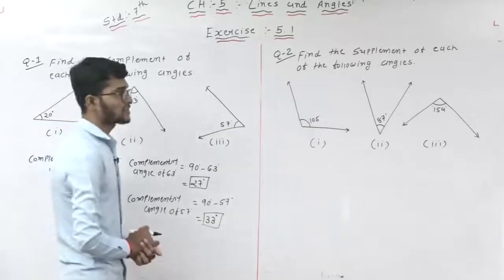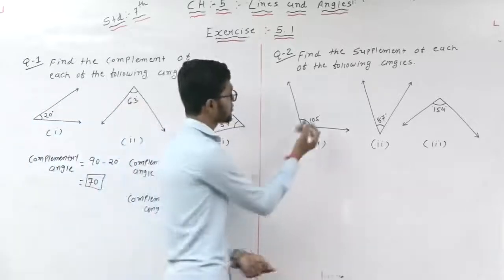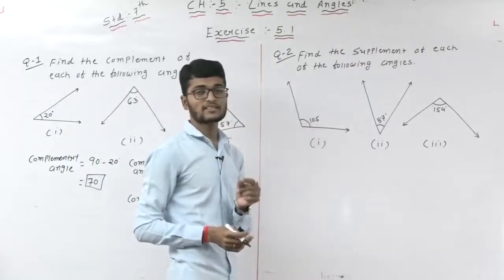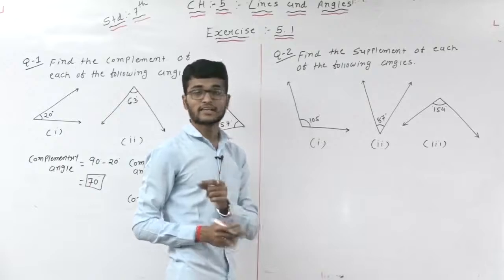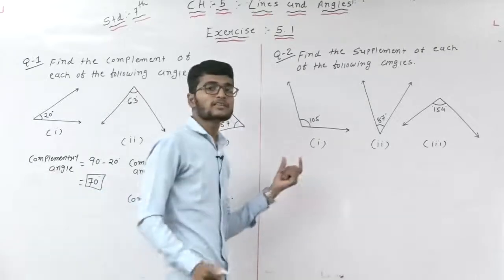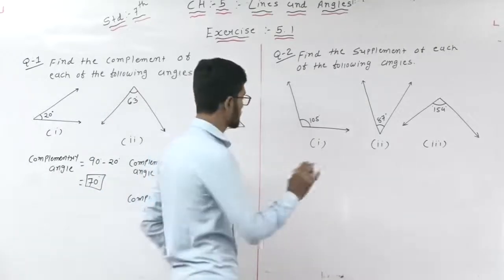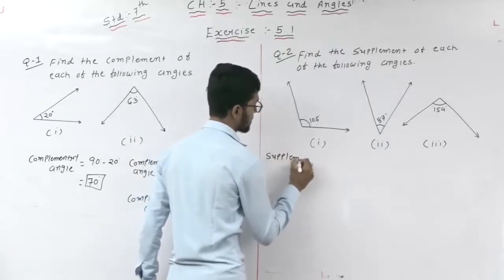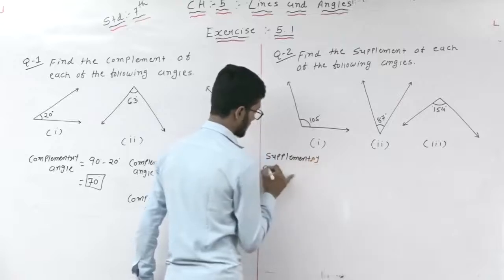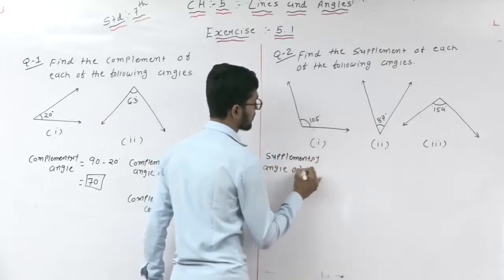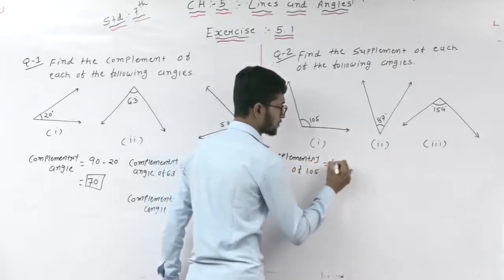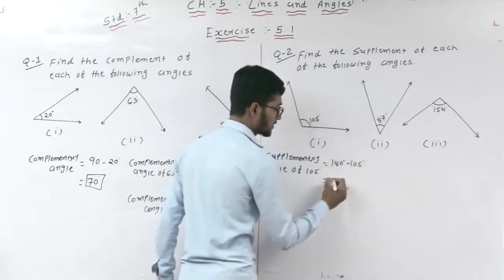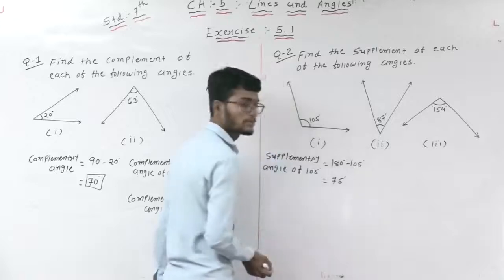Same for our second question, the supplementary angles. We all know that the addition of 2 supplementary angles is equal to 180. That was 90 and here it is 180. It is the same formula, the same method. The supplementary angle of 105 is equal to 180 minus 105. 180 minus 105 means 75.